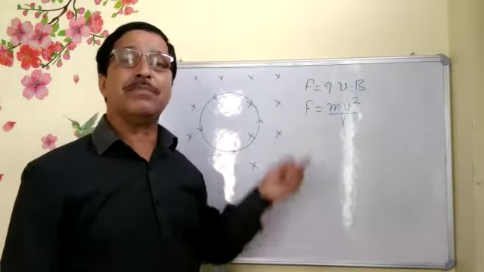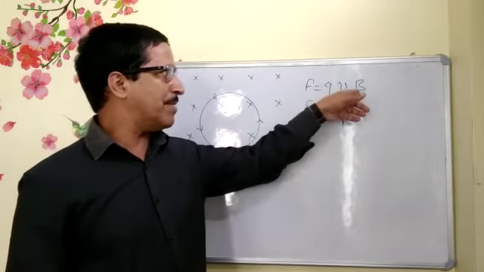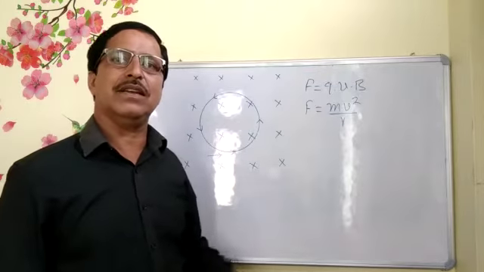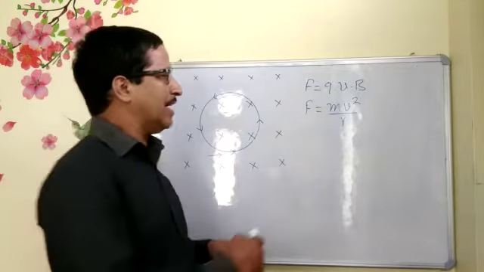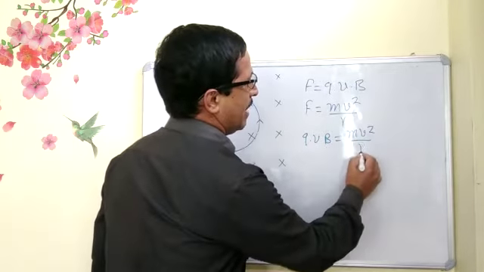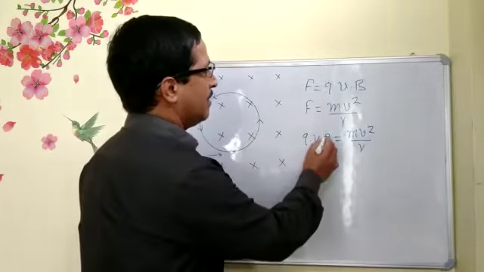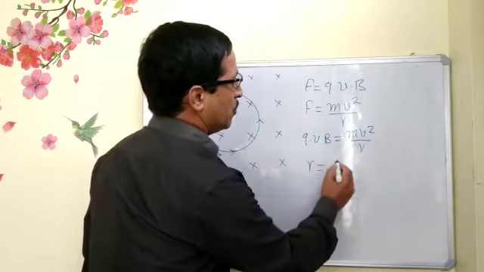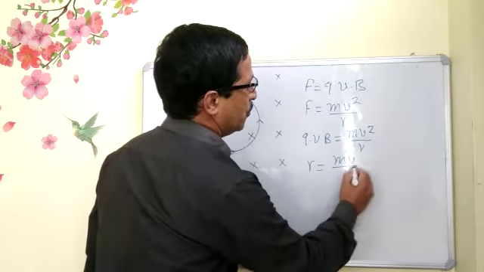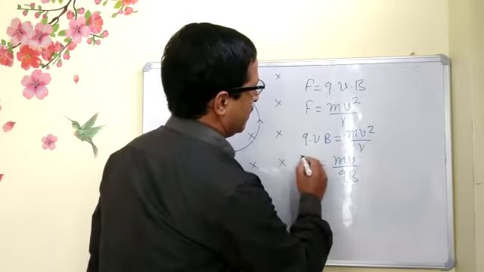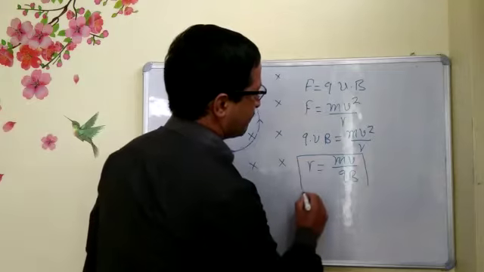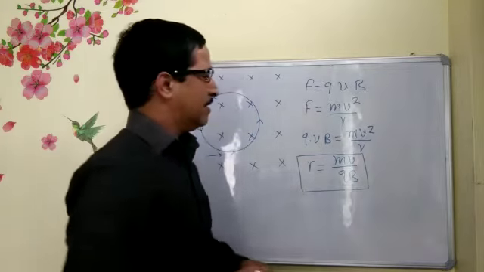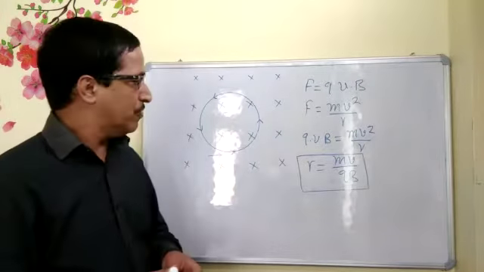This force will be supplied by the force which the magnetic field is exerting on it. So we can write Q into V into B is equal to mv square upon r. M is the mass of this charged particle. This leads to r equal to mv upon qB. This is the radius of the circle in which the charged particle will move.